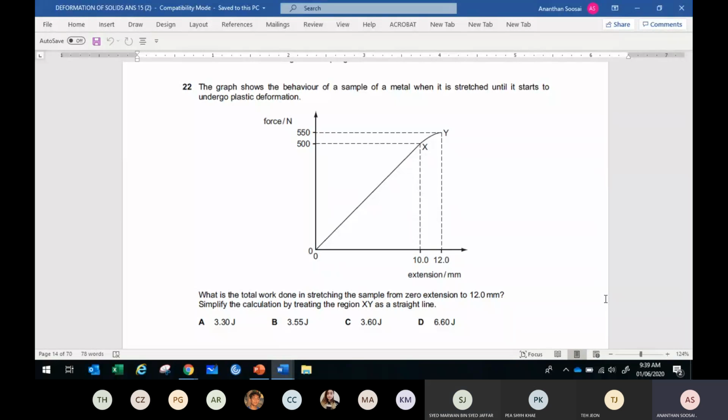What is the total work done in stretching the sample from 0 extension to 12 mm? The trap is to simplify the calculation by treating the region XY as a straight line. That's the trap.